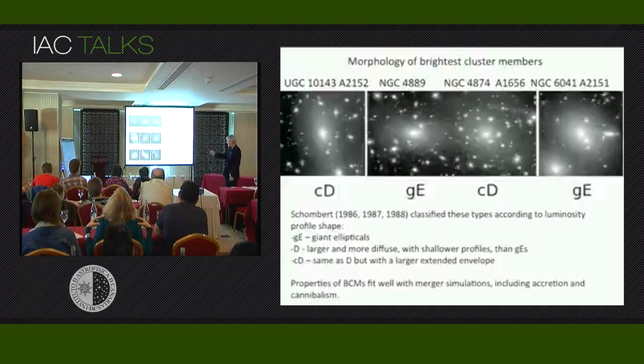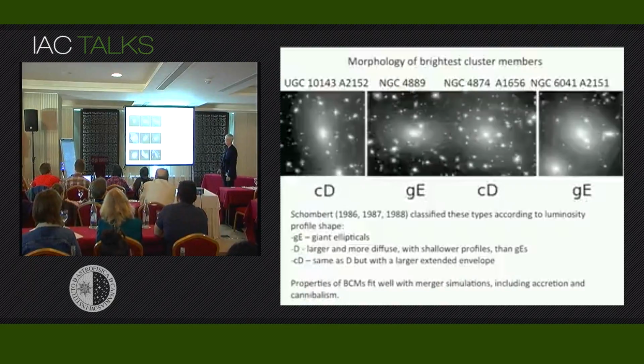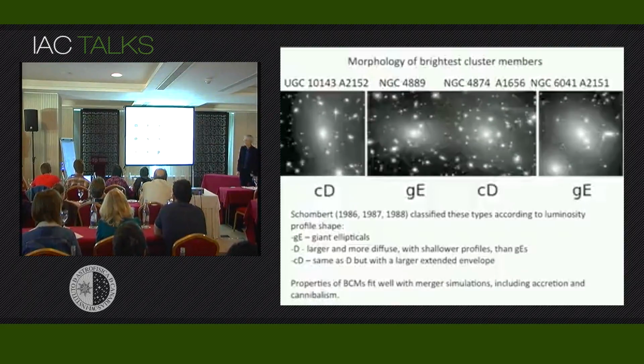Anyway, Jim Schombert classified these BCMs according to their profile shapes. There were the giant ellipticals. They had a particular profile shape. The Ds were larger and more diffuse, with shallower profiles, and then the cDs had a more extended envelope. And in a review article by Kormendy and Djorgovski, they suggested that possibly the D class wasn't important, or wasn't necessarily distinct.